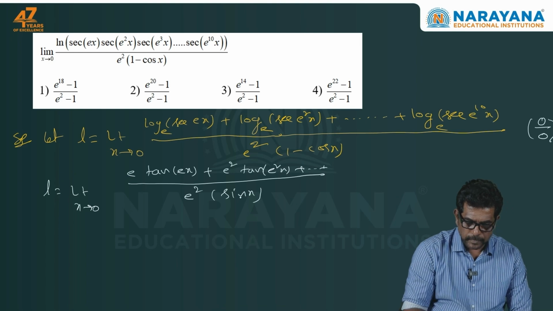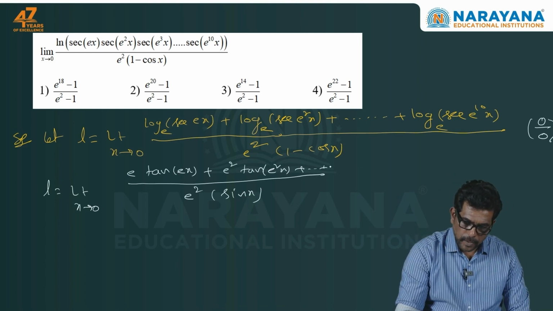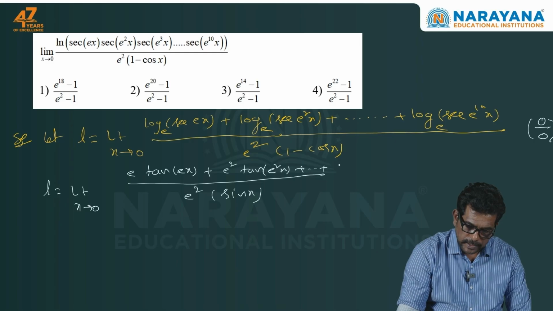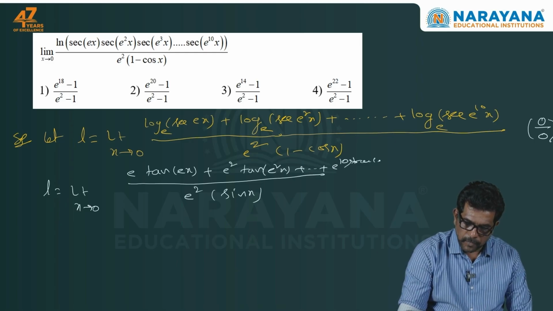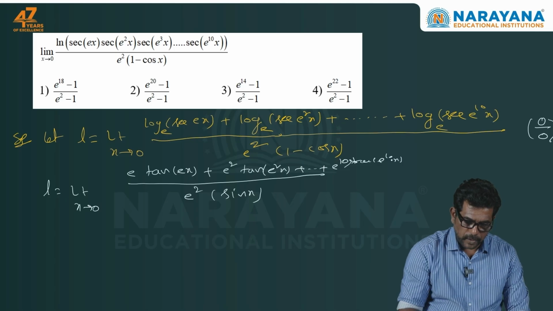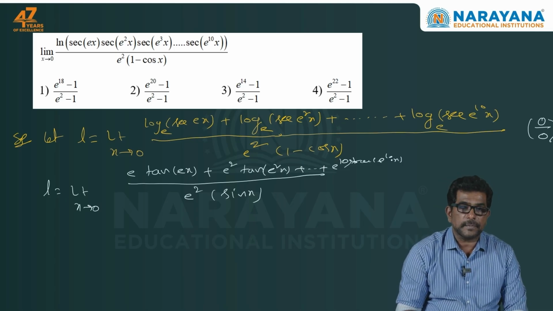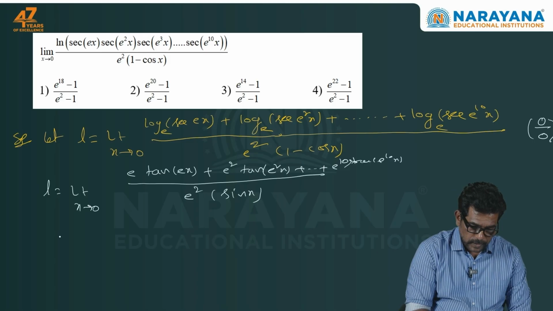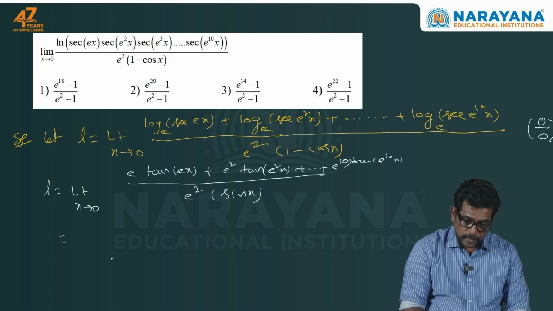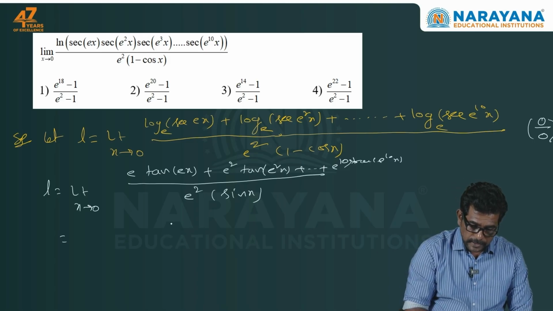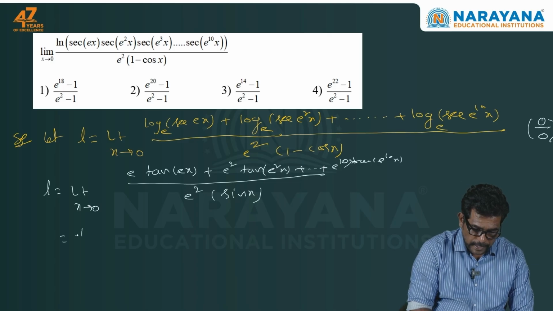The last term becomes e to the power of 10 tan of e to the power of 10 times x. Now we are trying to simplify this one: I am taking 1 by e square outside, that is 1 by e square times limit x tends to 0.